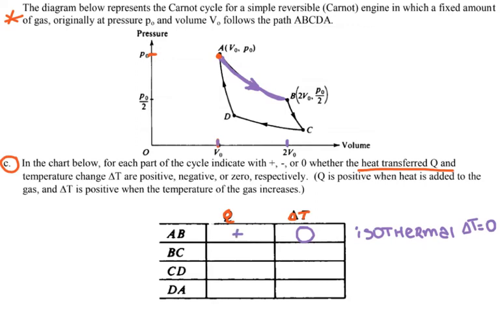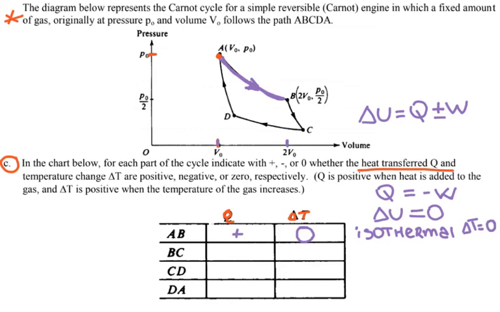Otherwise, the internal energy of the gas would change. Because it's an isothermal process and the temperature doesn't change, the internal energy of the gas doesn't change. And because delta U is equal to the heat added into the system plus the work done on the gas, and in this case the gas is expanding, so the work done on the environment is positive, Q is equal to the negative work done.